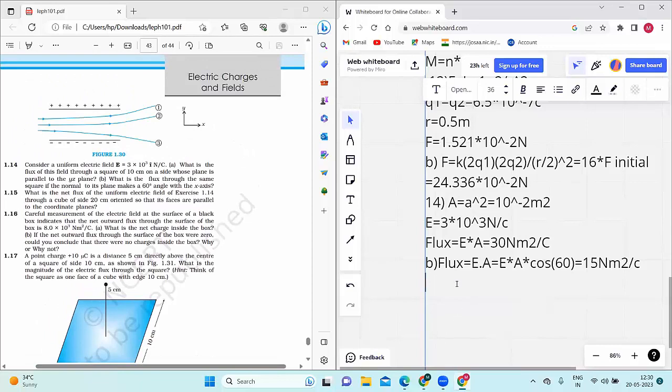Let's go to the 15th question. What is the net flux of the uniform electric field through a cube of size 20 meters?